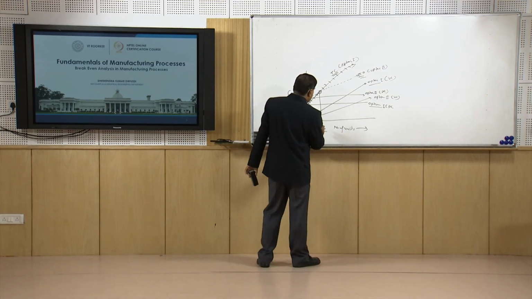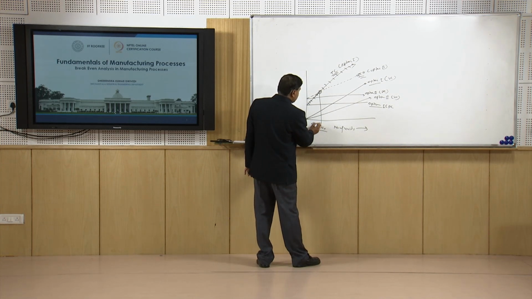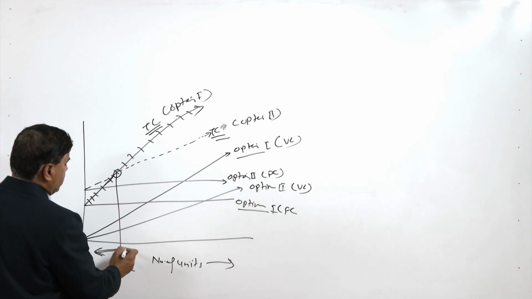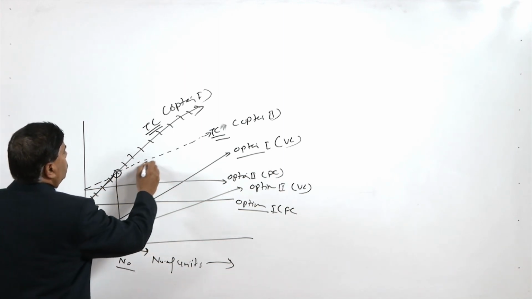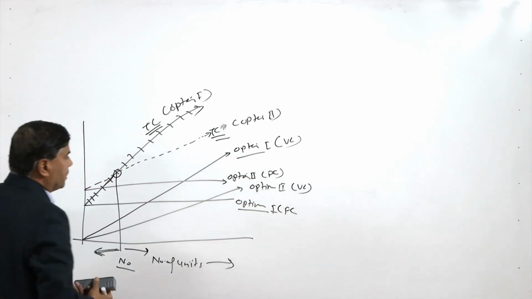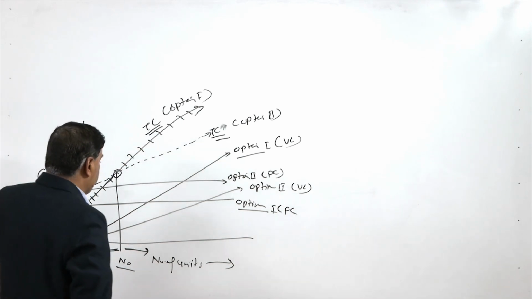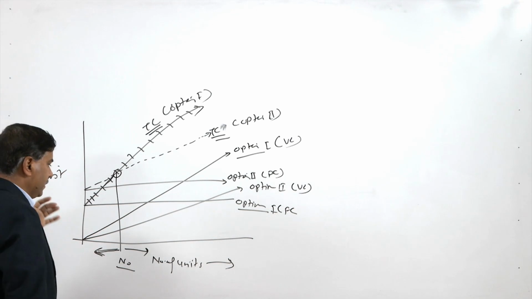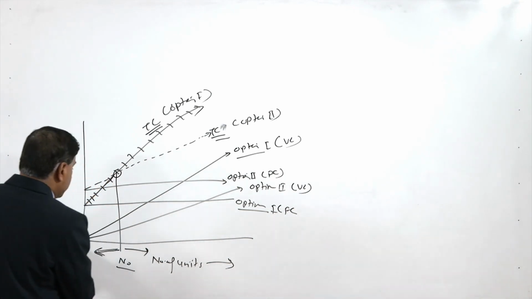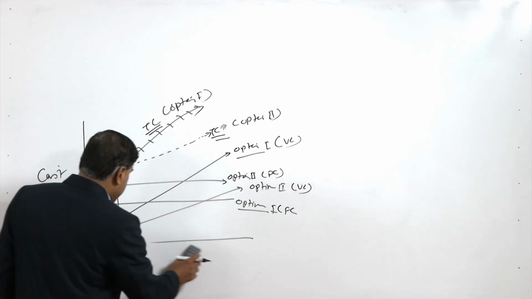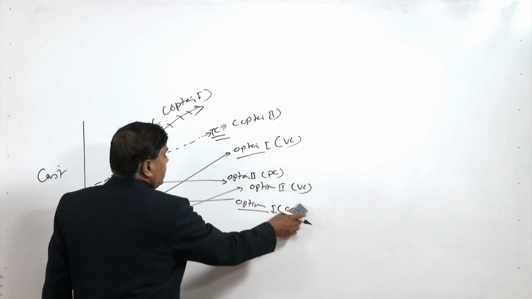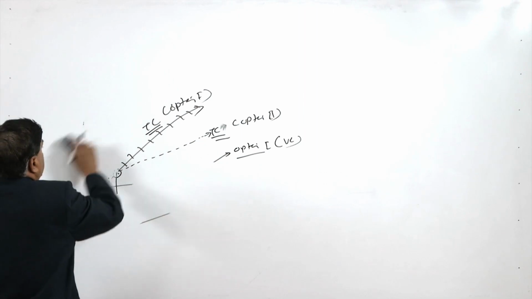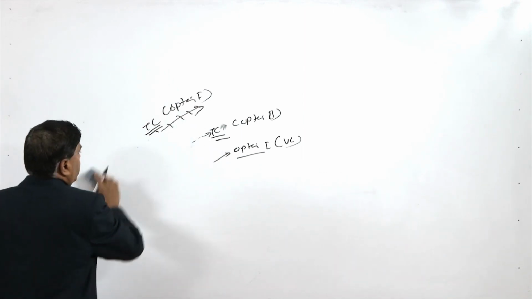So, for values less than this number, option 1 will be suitable, and for values greater than this number, option 2 will be cheaper in terms of the total cost. So, the number of units to be made becomes the significant factor in determining which option is to be chosen for selecting a particular manufacturing process.